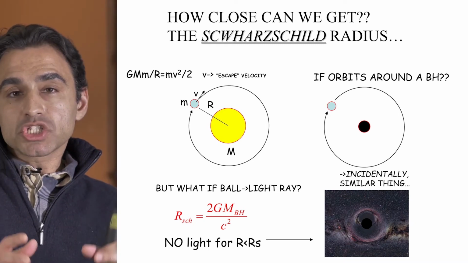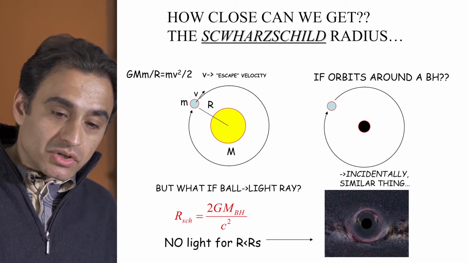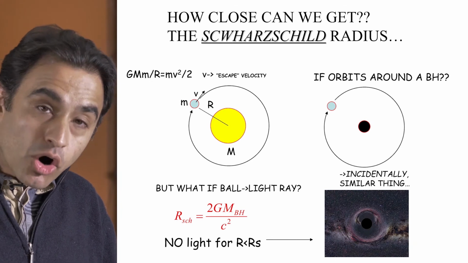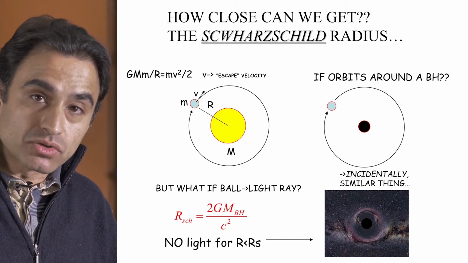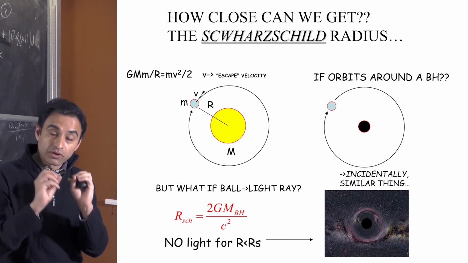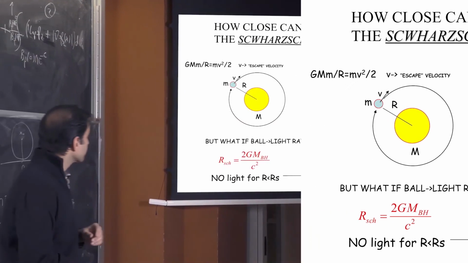Bear with me, each black hole is characterized by a Schwarzschild radius, that is, the closest that you can get and still hope to retrieve some energy from the source before any particle disappears beyond the event horizon.